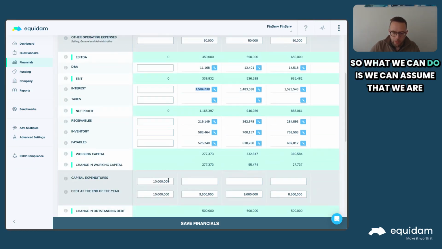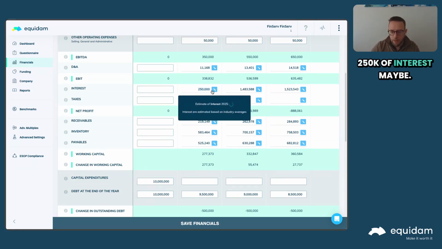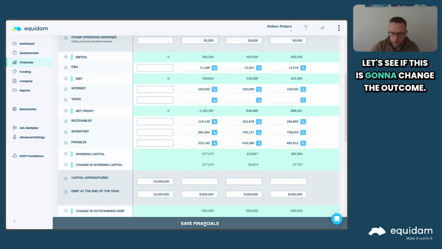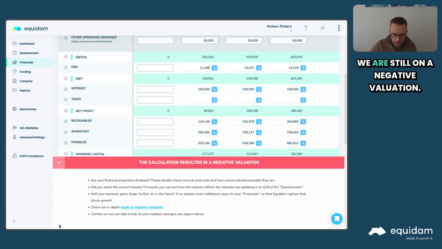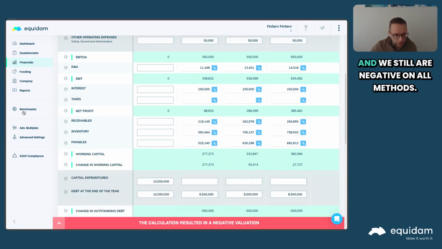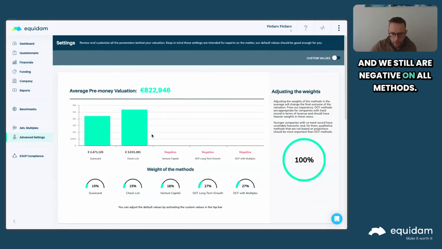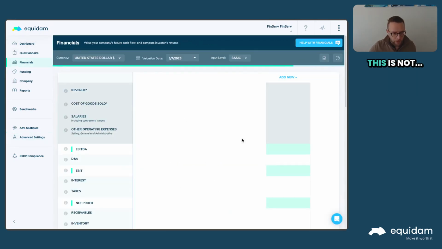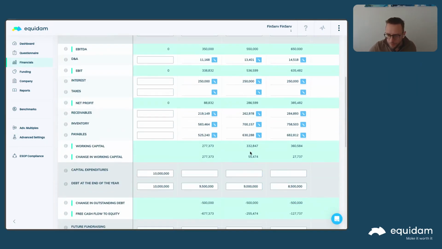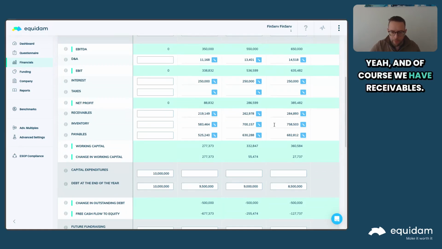What we can do is assume that we are getting a very favorable loan at around 250K of interest, maybe. Let's see if this changes the outcome. We are still on a negative valuation and still negative on all methods. And of course we have receivables. We're not going to have inventory.